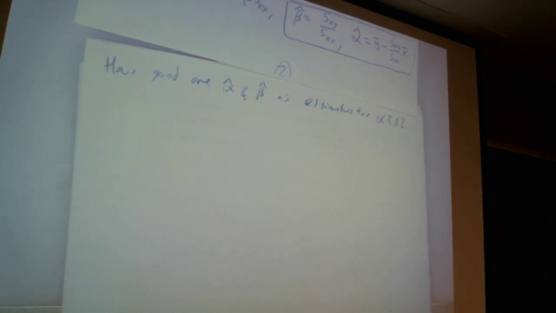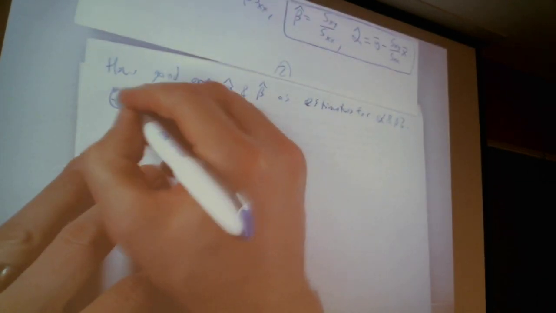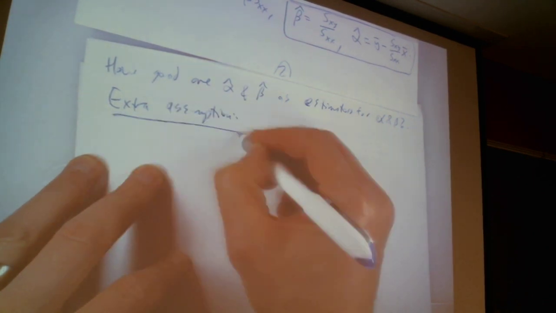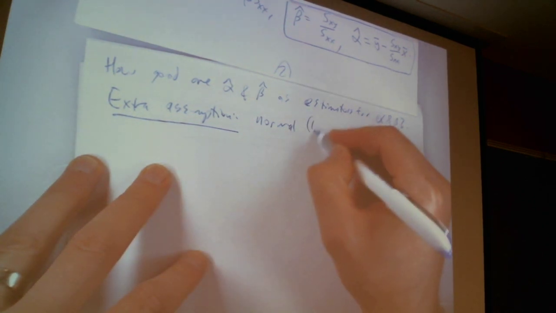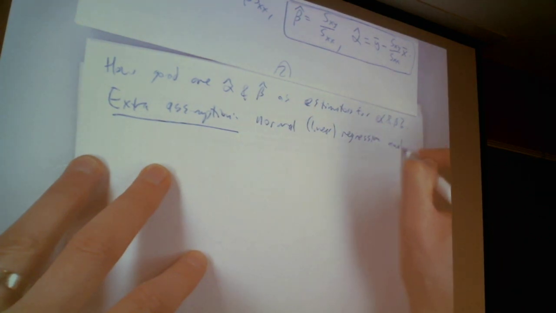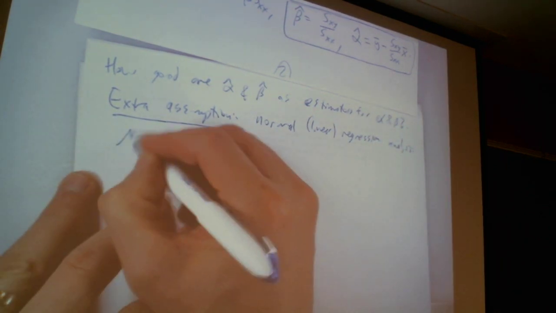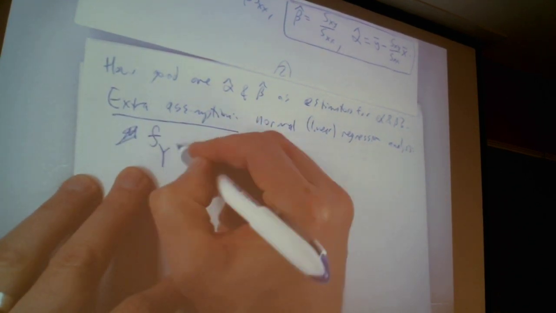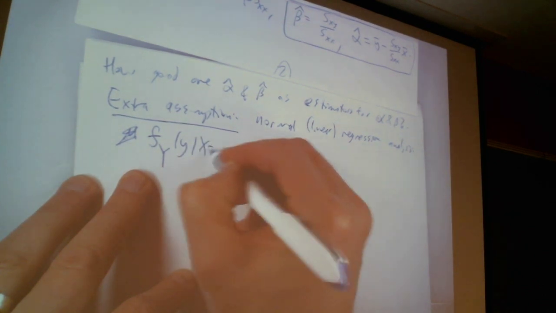To take it one step further, we need an extra assumption. Let's assume that the relationship of y on x is normal. Okay? Extra assumption, and this is sometimes called a normal regression, often called a normal linear regression analysis. Let's look at the density function of y given a known value of x.